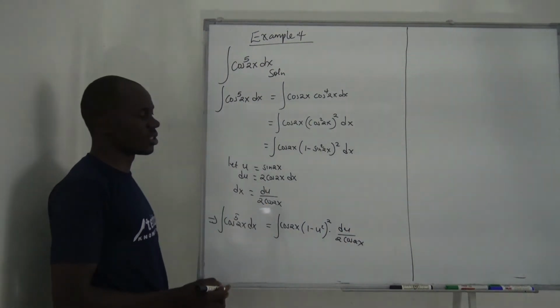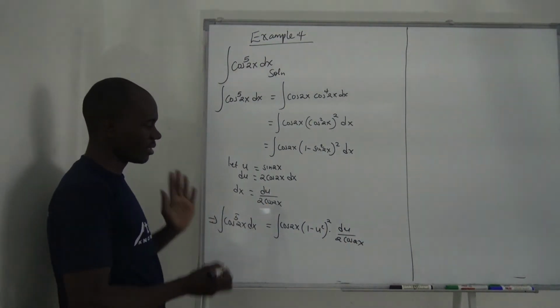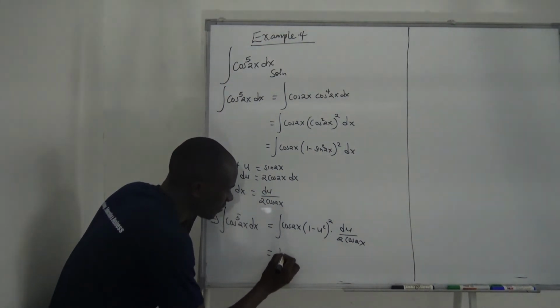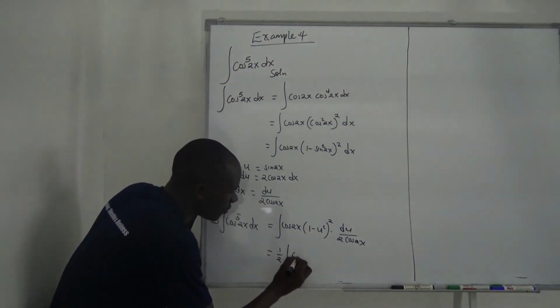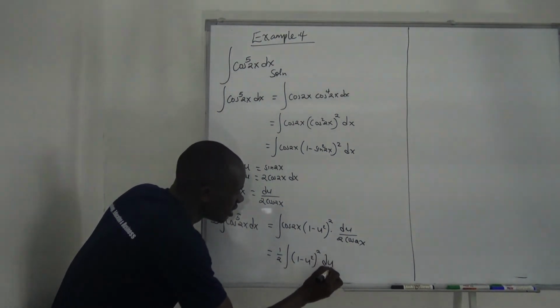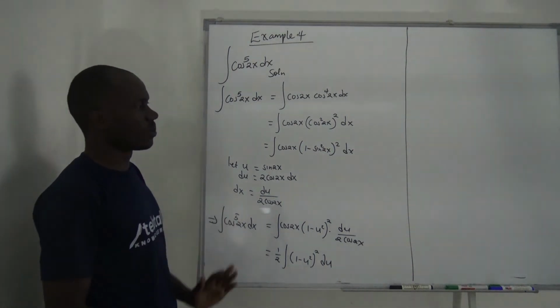The cos 2x disappears. We remain with a half times the integral of (1 minus u squared) squared du. So we try to expand that.